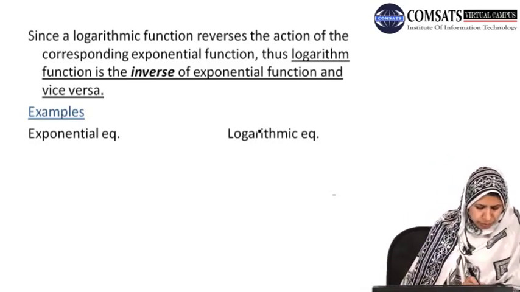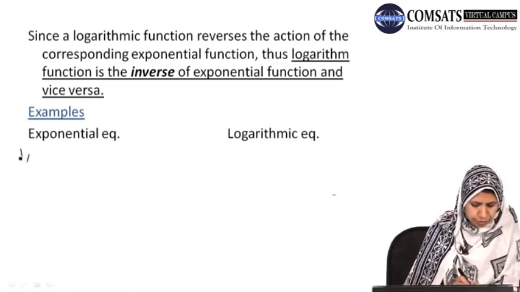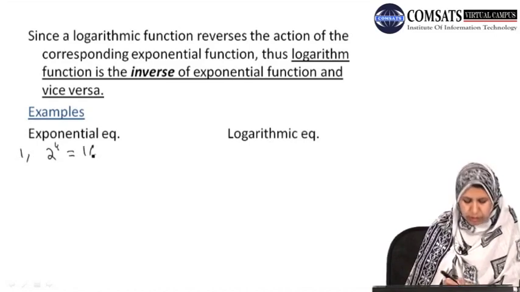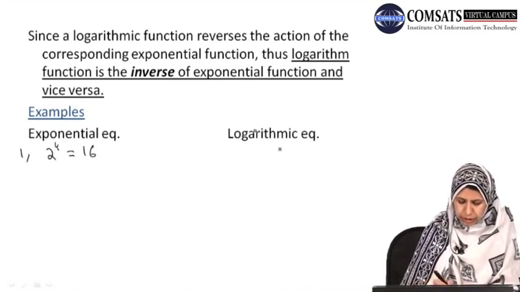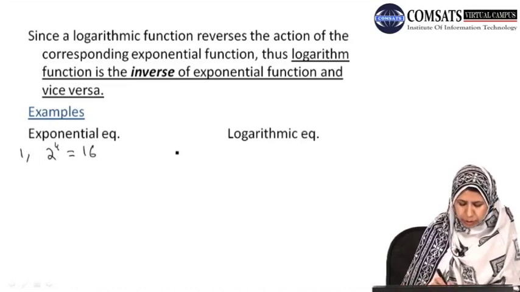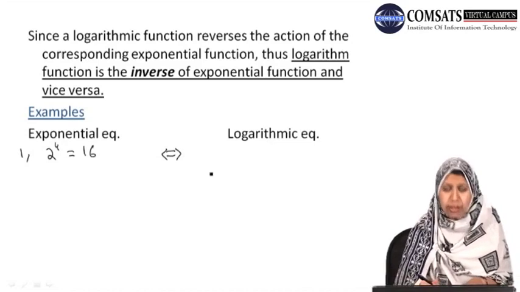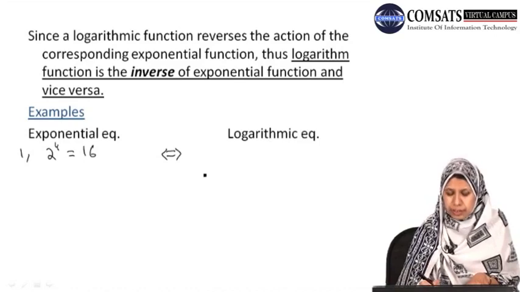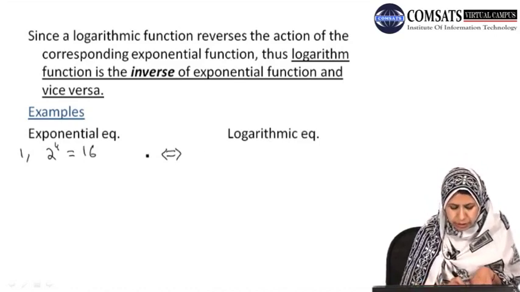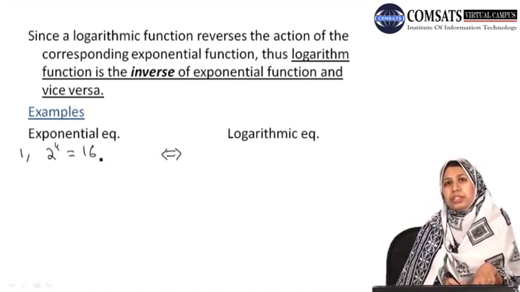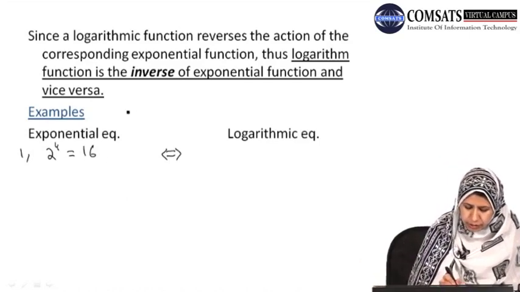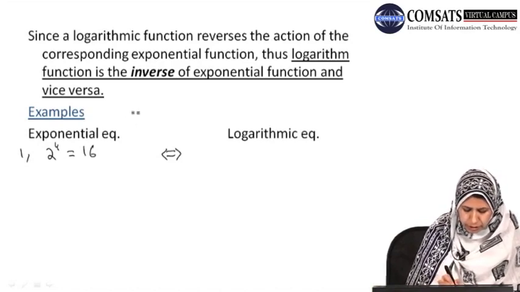For example, if we have our exponential equation 2 to the power 4 is equal to 16, then the equivalent logarithmic equation will be, here we have base b equal to 2, exponent x equal to 4, which means that writing this exponential equation in the logarithmic form, we will use this general form. I write it here again.